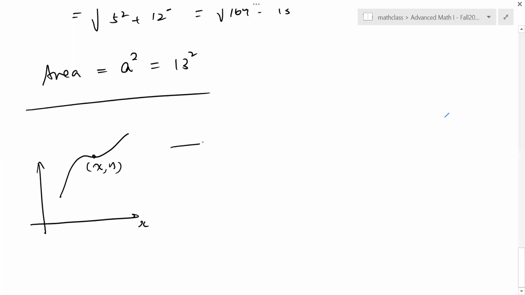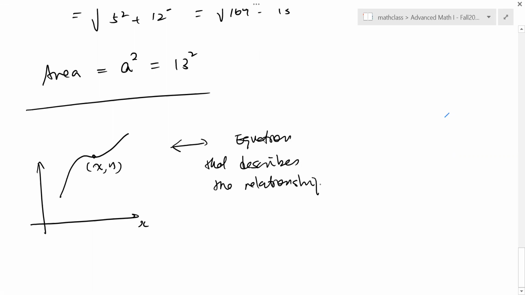Okay, so this is a curve. We were talking about a point that corresponds to a coordinate, and the curve corresponds to an equation that describes the relationship between x and y.